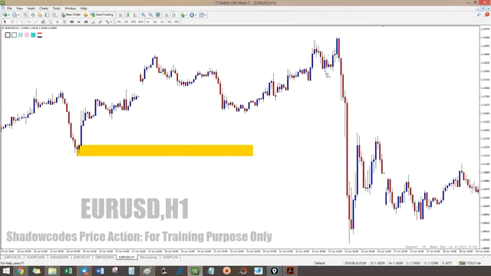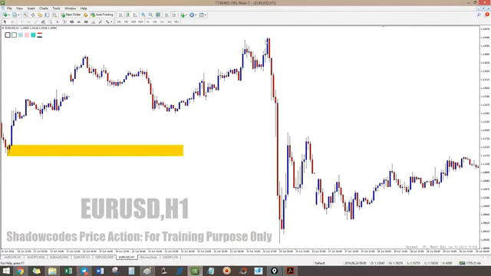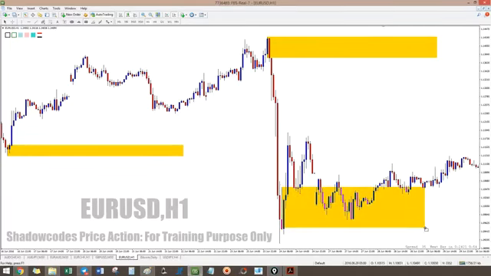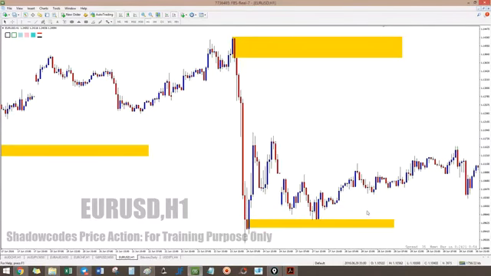Again, this one is a supply. It's a bull, bear. Okay. So like this. This one is a bear, bull. Okay. So it goes like this. Because of the shadow, if you do not want to take the shadow, just take this one. Okay. It's a bear, bull for demand zone.